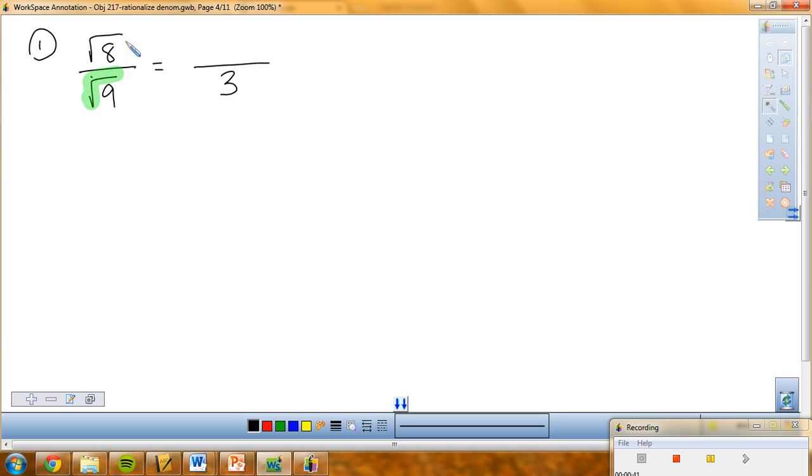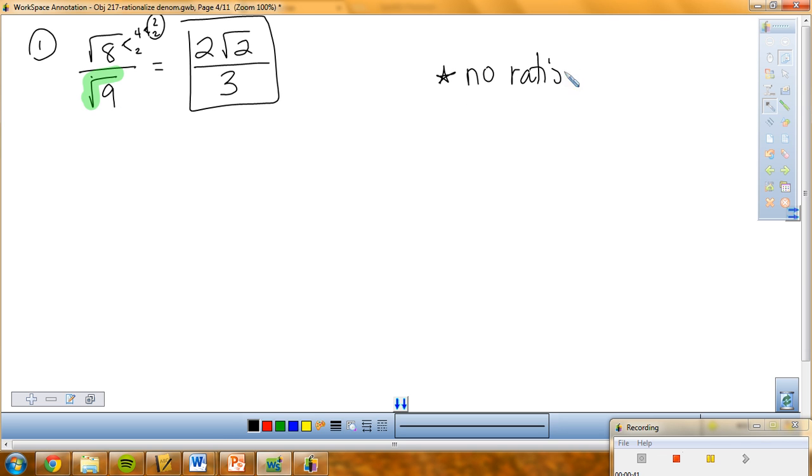So really all we have to do is worry about simplifying our 8, which I know is 4 and 2. And 2 and 2, which means I can take a 2 out, leave a 2 in. That is my simplified answer, and I didn't really have to rationalize.